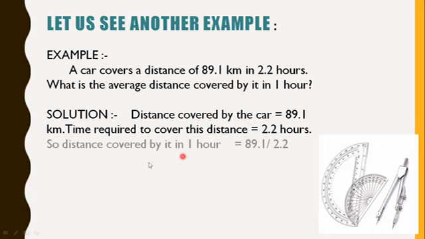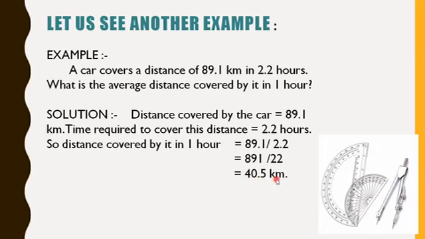You have to find the distance covered in 1 hour, so you divide 89.1 by 2.2. If you remove the point, it becomes 891 by 22, and you will get 40.5 kilometers. So in 1 hour, it will go 40.5 kilometers.